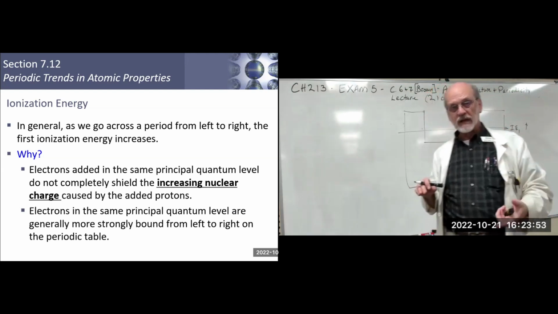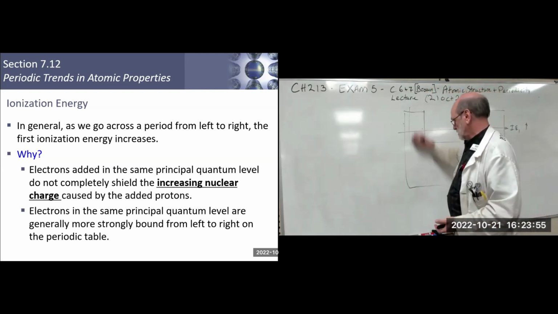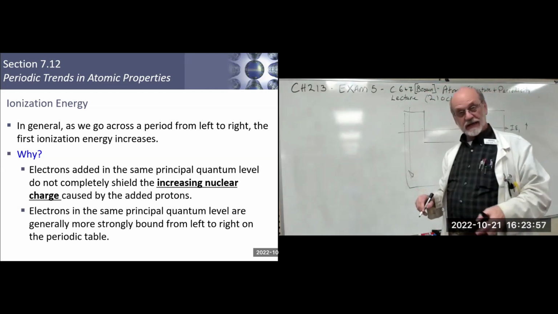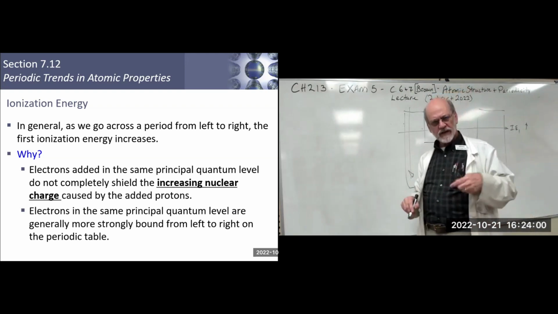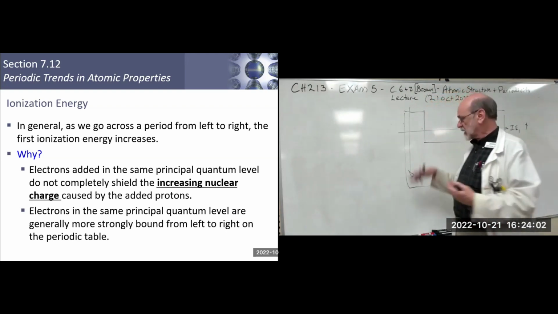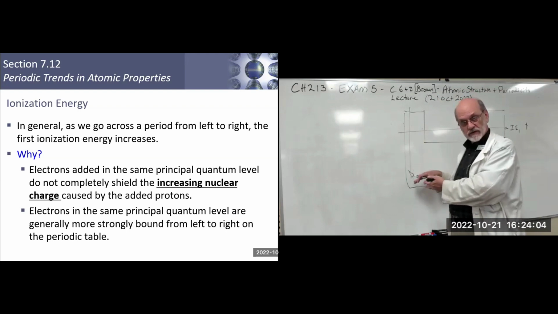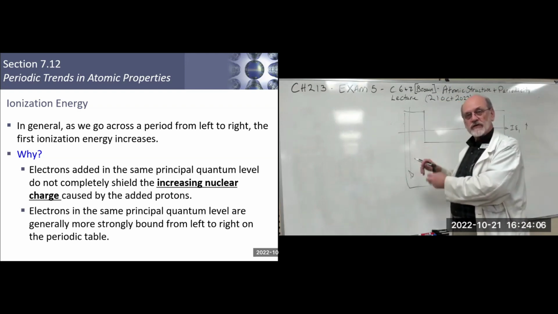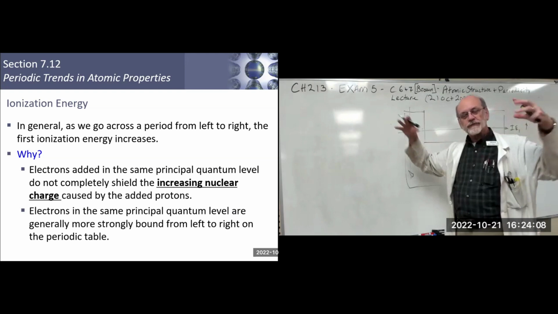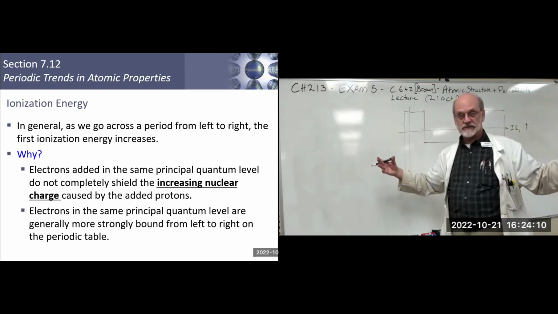Okay? Now, what about going down in a group? Where are the electrons going in? Well, you're adding more protons, yes, but you're adding more electrons at further and further distances from the nucleus.